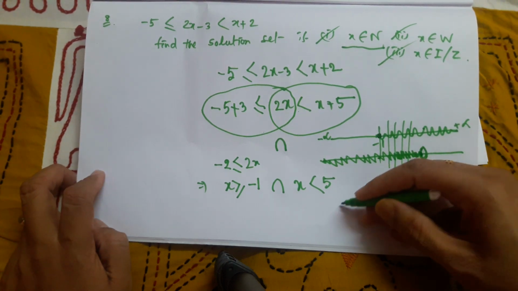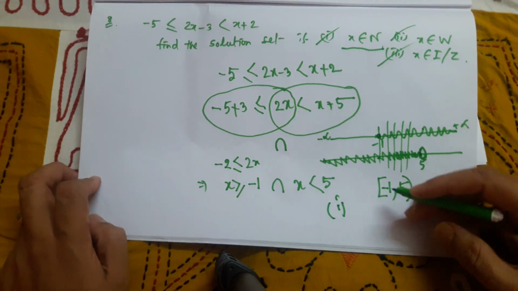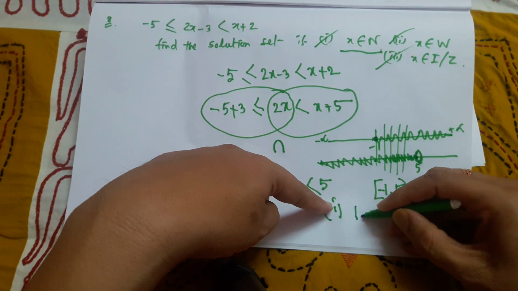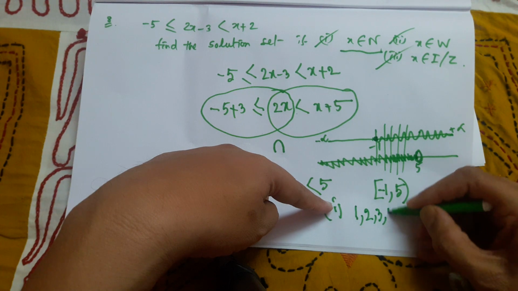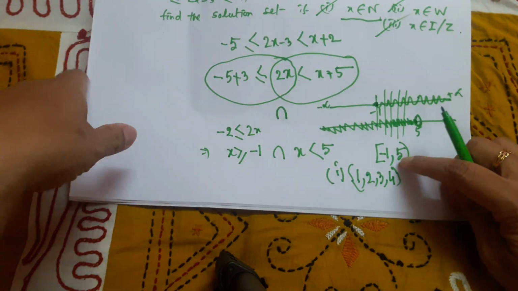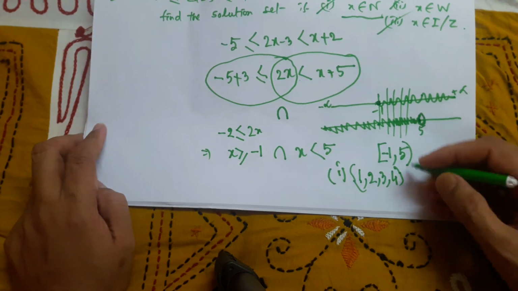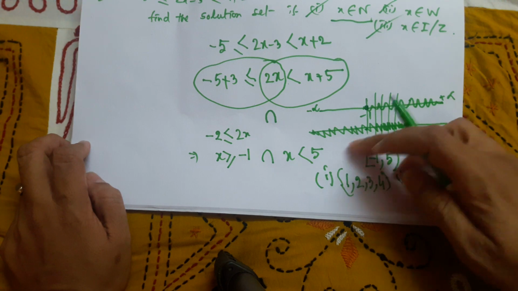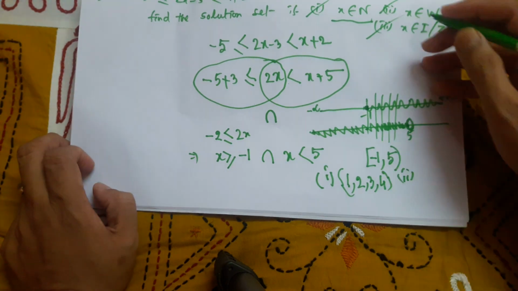So here the answer of the first part will be 1, 2, 3 and 4. These 4 elements, because open 5. These are the natural numbers in this range.